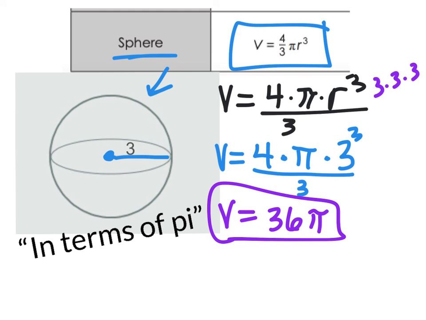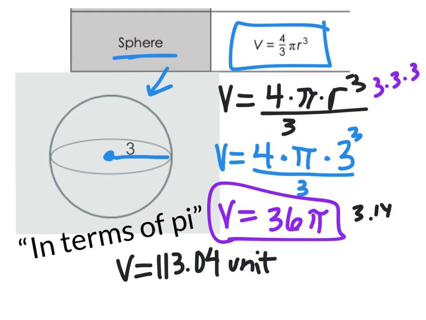Then if they do tell you to round and not have your answer in terms of pi, I would do 36 times 3.14, or I could use the pi button. So if I use 3.14, I get 113.04 units cubed.